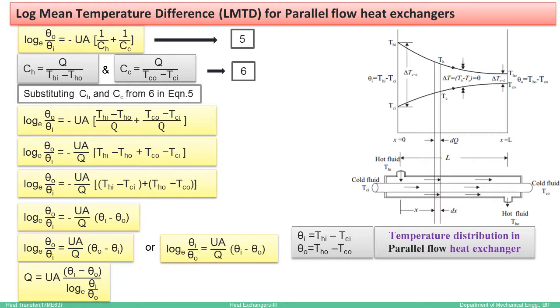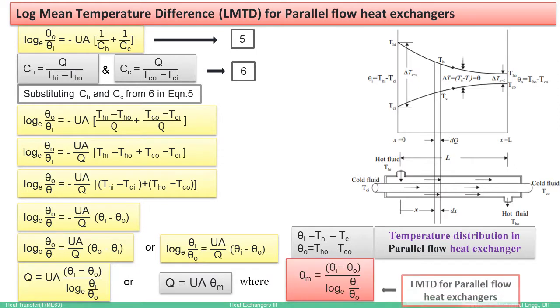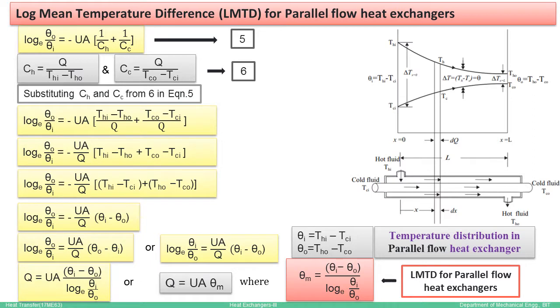Or we can just put that term in the RHS as theta m, and that is Q is equal to UA into theta m, where theta m is the LMTD for parallel flow heat exchanger, given by theta I minus theta naught divided by log of theta I by theta naught to the base e.